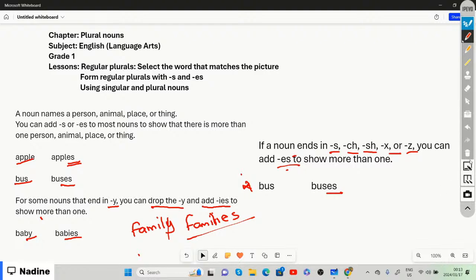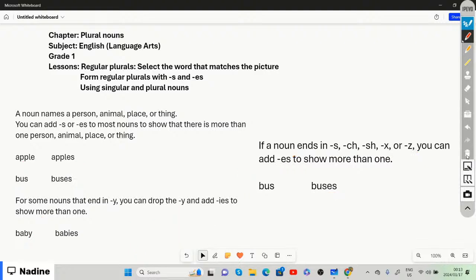All right. So once again, we are doing the chapter of plural nouns. And we say plural nouns refers to anything that is two or more.